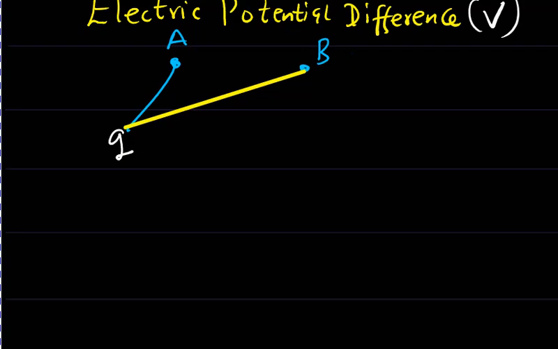So the potential at point A, let it be VA. The potential at point B is VB. Between point A and point B, we'll have what is known as potential difference, which is simply the difference in potential between 2 points. So that is going to be VA minus VB.